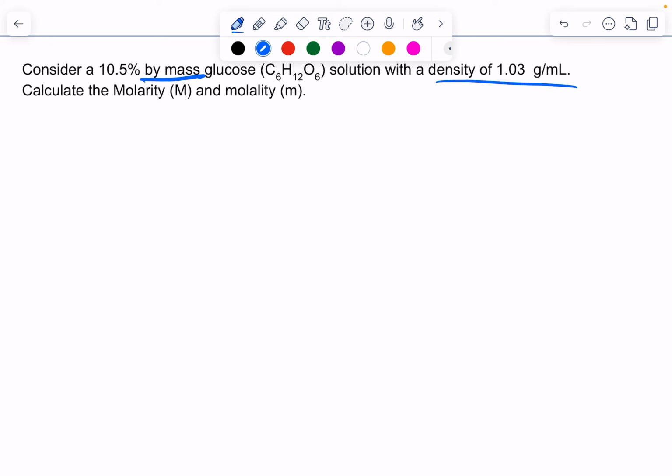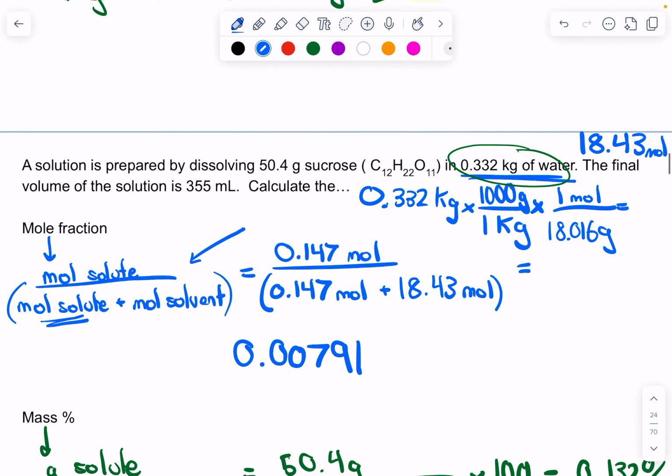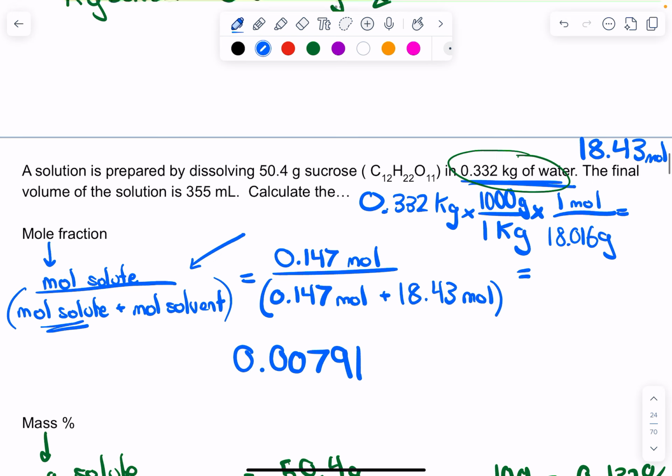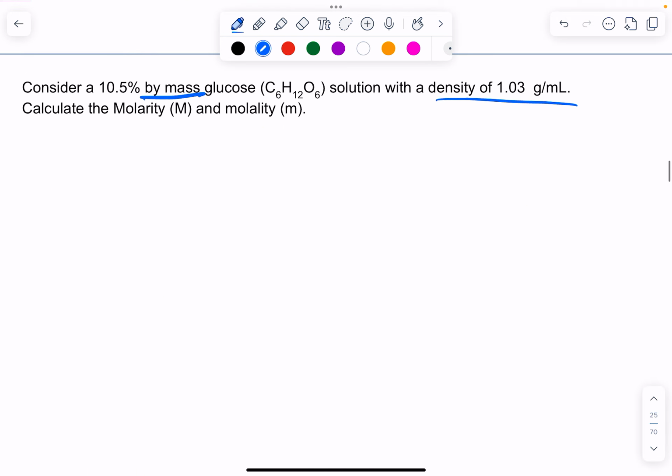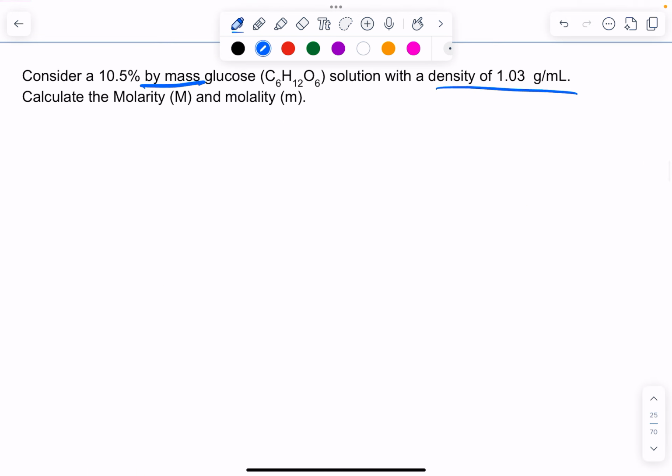Now instead of being asked to calculate the mass percent, we are actually being given a mass percent. In the other question, we were given the amount of solute and solvent. Here, though, we're given a concentration unit, and we're being asked to convert from one concentration unit to another.